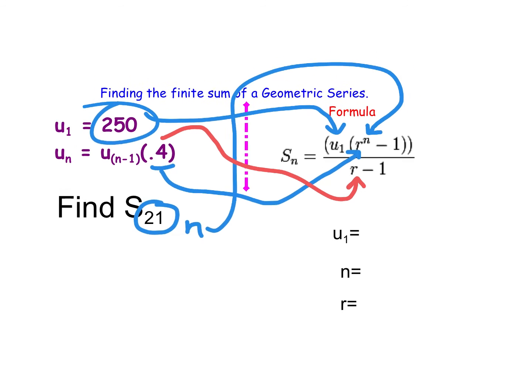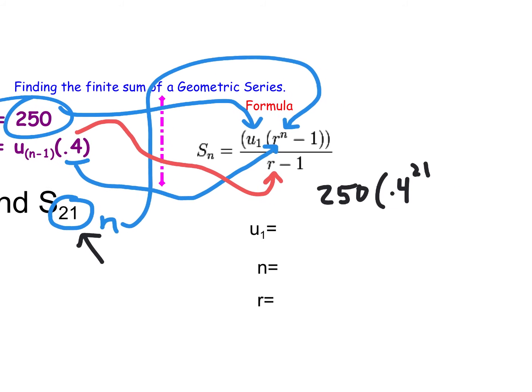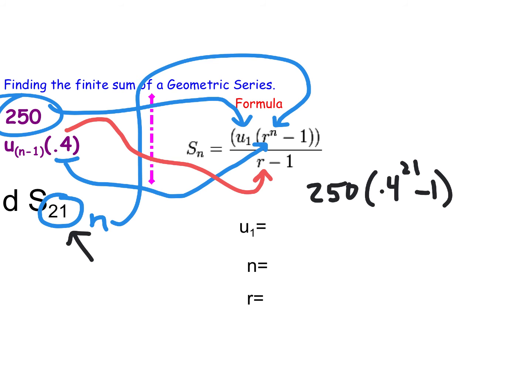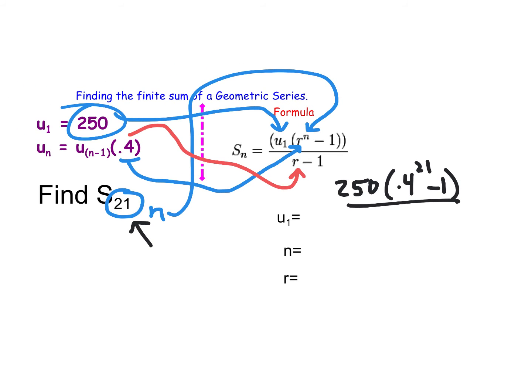And I'll write it out now. 250 times 0.4 to the 21st. That's because that's the n there. Minus 1. All over the r, which is the 0.4.